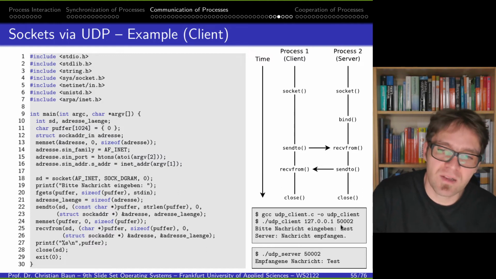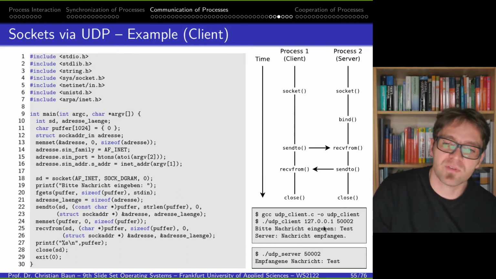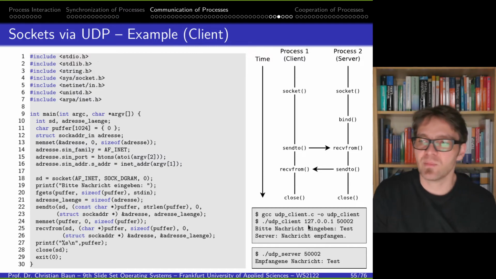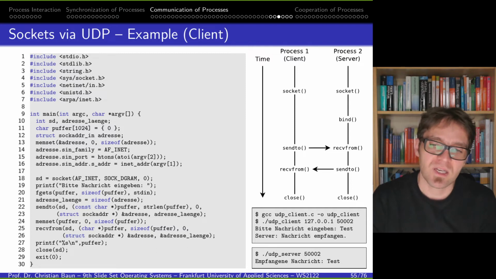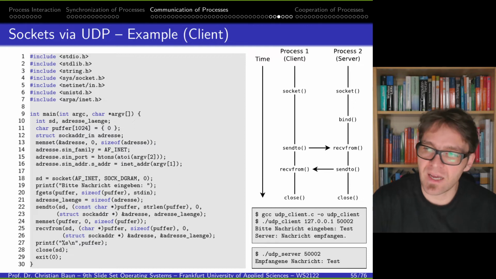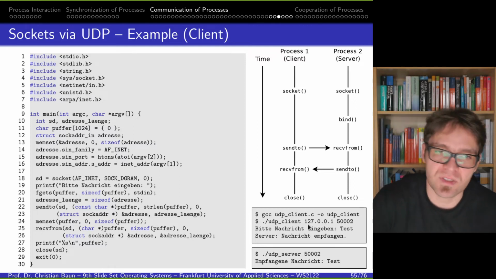The final one is the port number of the server, and the first command line parameter after the name of the executable is the network layer address, the IP address. That's what we caught here. That's the IP address and that's the port number.